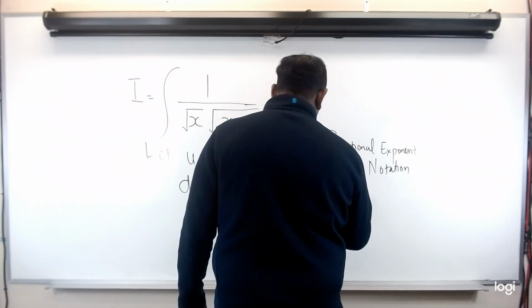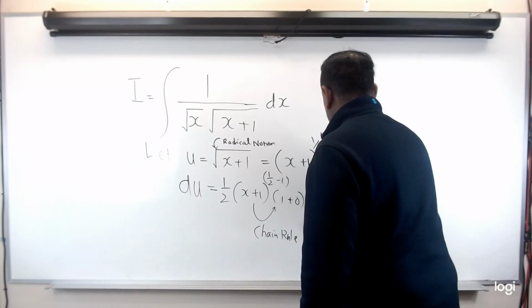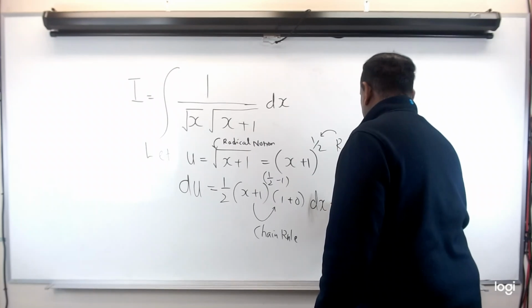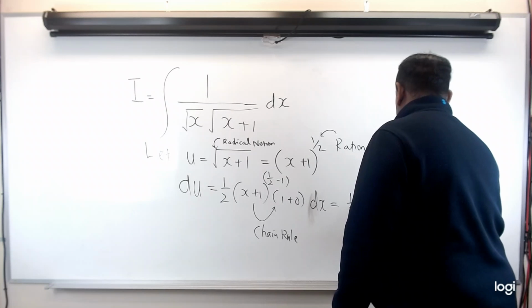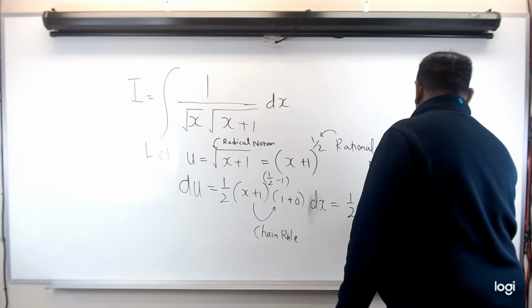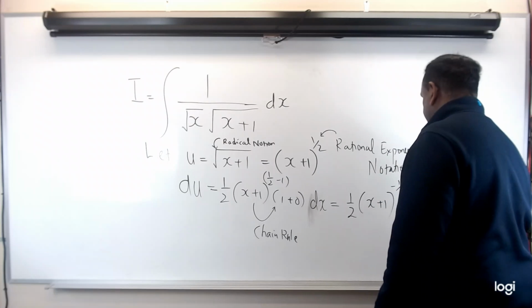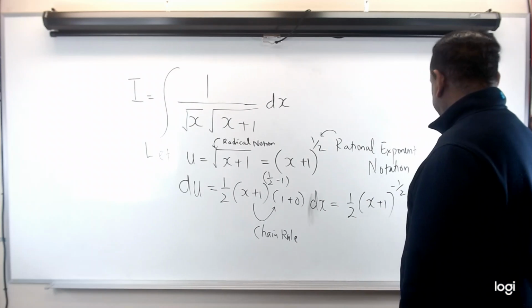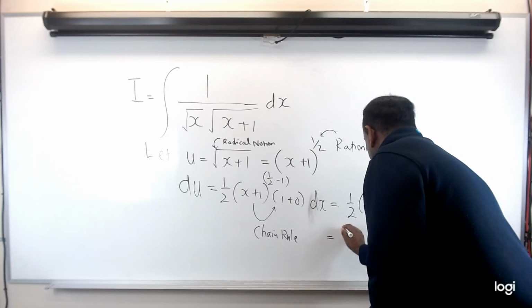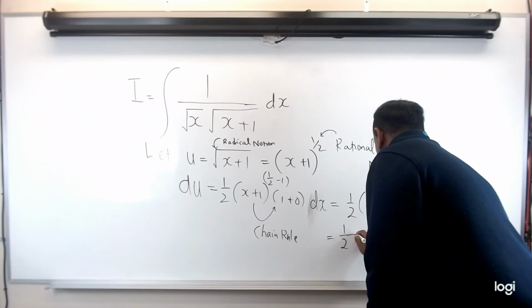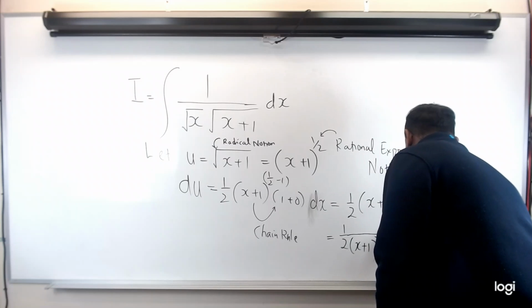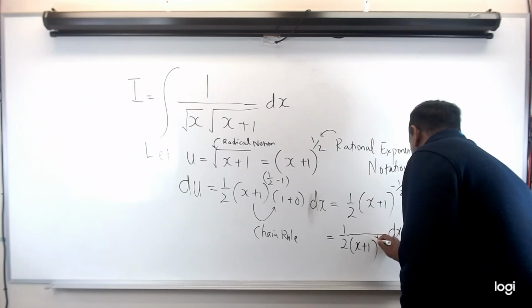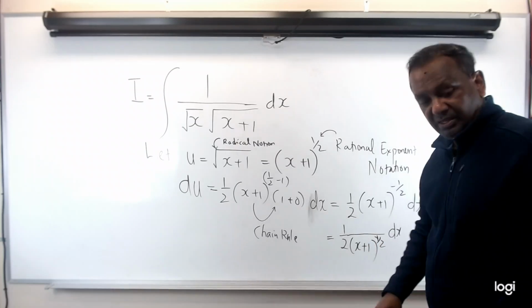Therefore, you have dx, and you're going to have half x plus 1 to the minus half dx. The same thing I'm going to bring to the numerator, x plus 1 to the half dx, and make it positive now.